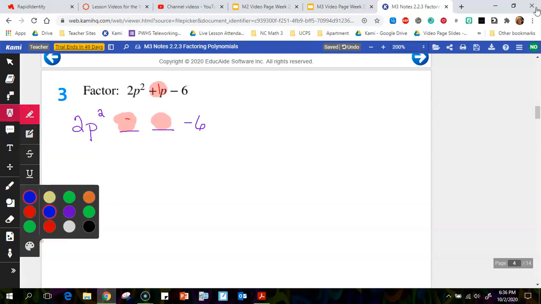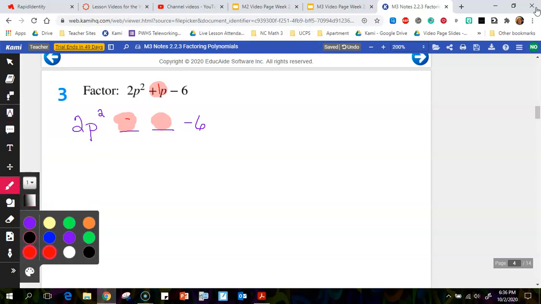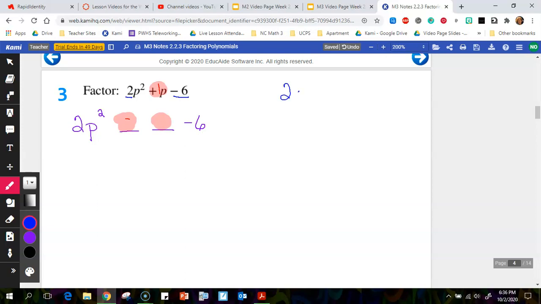So here's our steps. The next thing we need to do is multiply our leading coefficient times this number right here. So 2 times negative 6 is negative 12. Okay. So then we're going to find a factor pair for this that adds up to 1, just like we were doing before. Okay.